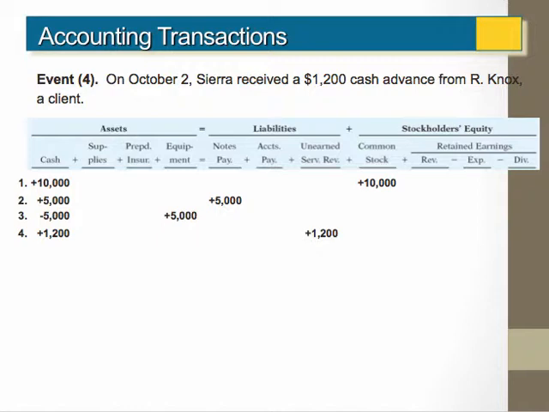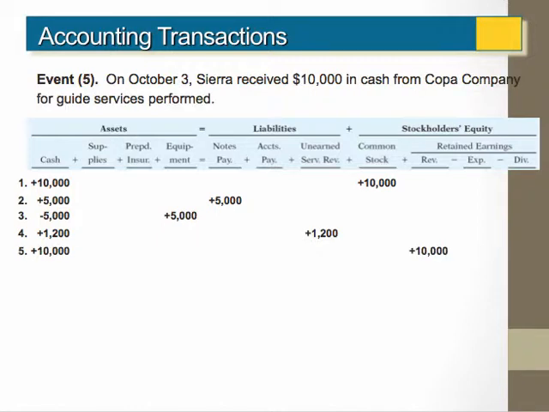Because we've received the cash in advance and we are following the accrual accounting principle of revenue recognition of when we earn it, we need to recognize that the $1,200 is a liability, not revenue. We've received the cash, but we haven't earned the revenue yet. Once we do the work, we will take the money out of the unearned revenue account, the liability, and recognize that we've earned revenues.